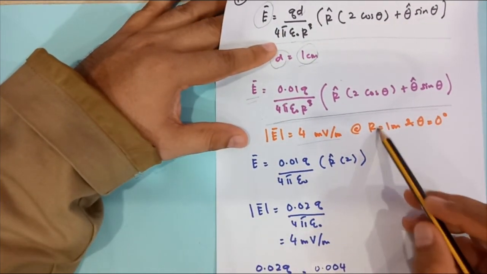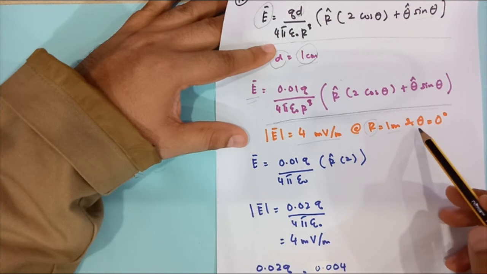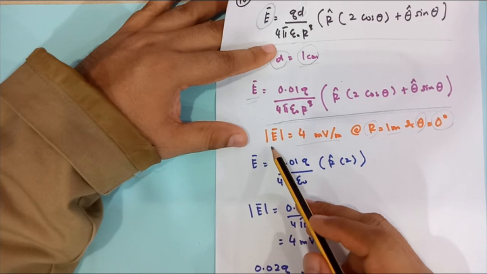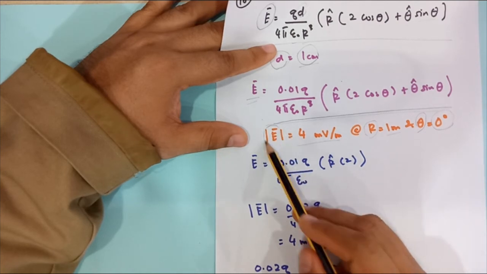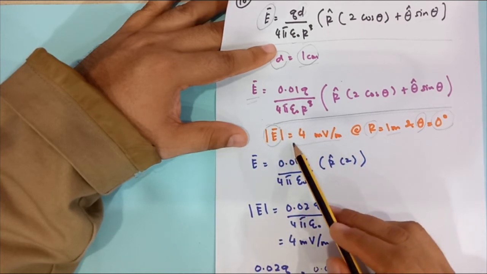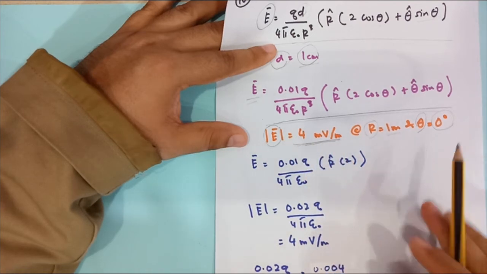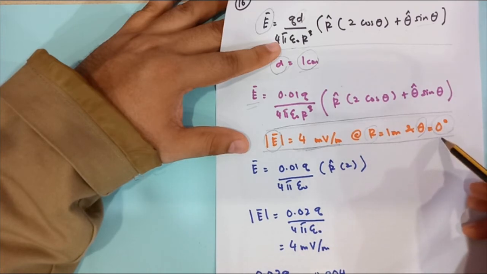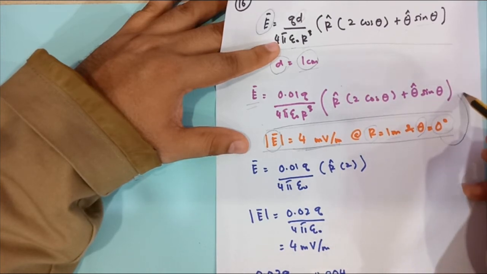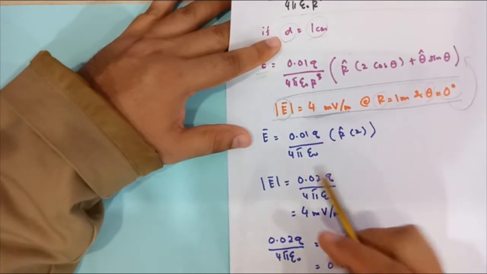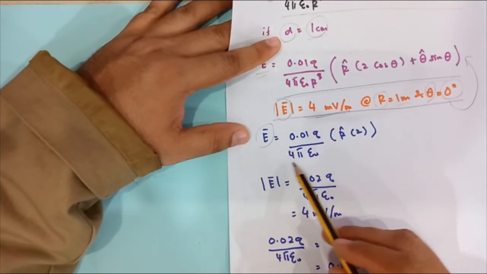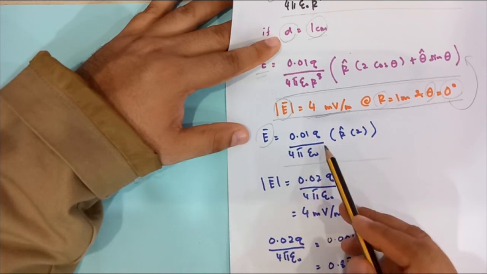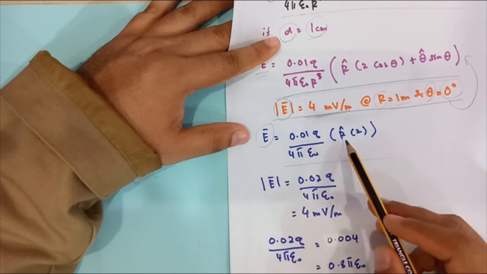If r is equal to 1 meter and theta is equal to 0 degrees, then the amplitude of the electric field intensity is equal to 4 millivolt. By considering all the parameters and putting them into this equation, the vector E is equal to this formula, 0.01 q divided by 4 pi epsilon, r cap 2.